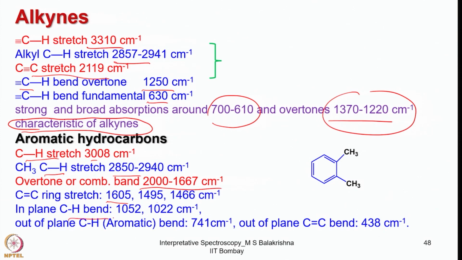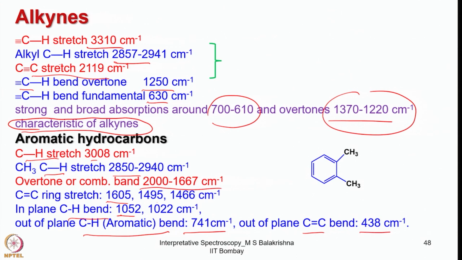In plane CH bend would be 1052 and 1022 centimeter minus 1, the out of plane aromatic CH bend would be around 741 centimeter minus 1, and the out of plane C double bond C bend would be 438 centimeter minus 1. So these are a few things for your information.